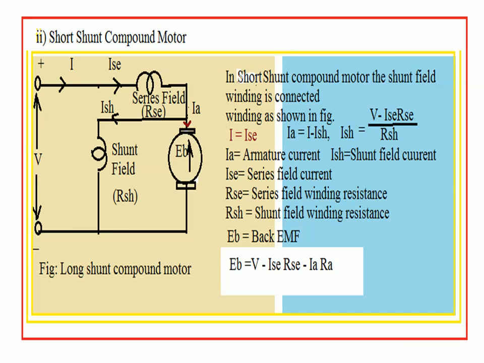Hence, if you are looking from the supply voltage, it should be plus, and if you are looking from the back EMF, then it should be minus. You have to write the voltage expression V equal to EB plus IARA plus ISC RSC. You can remember any one thing, but give more importance to series and shunt motors. Thank you.